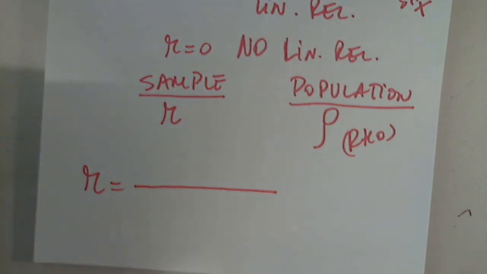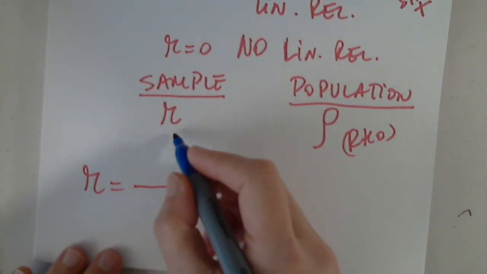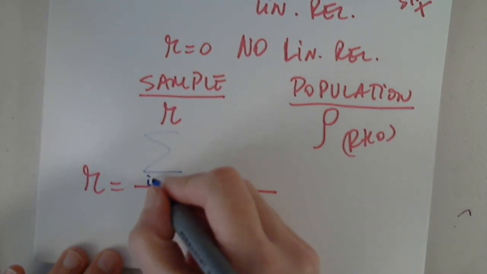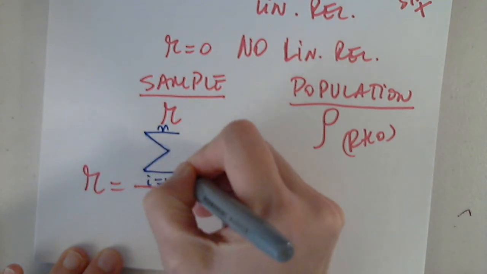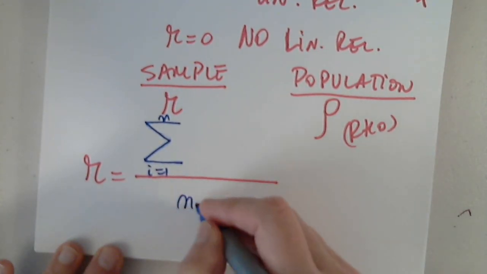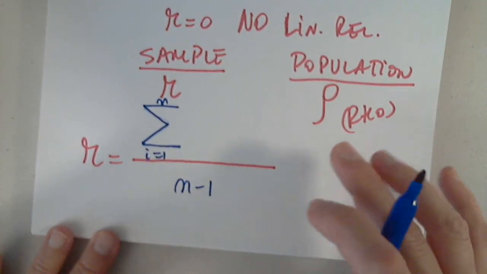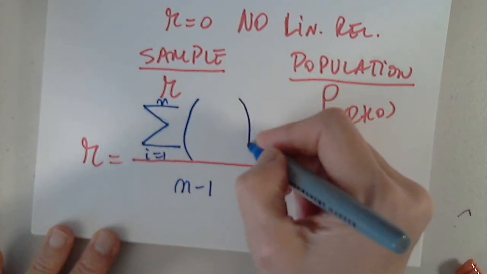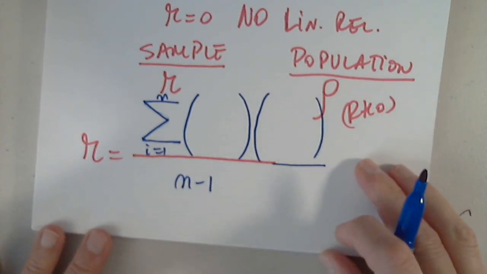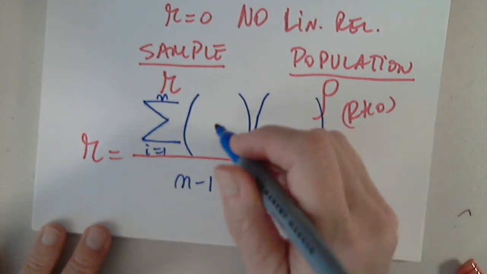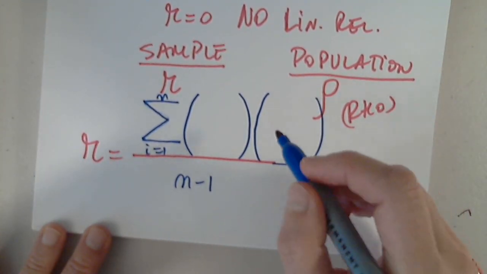Okay, I already put it for you here on page 3 at the very top. Of course, it's a sum from i equals 1 through n. The denominator is n minus 1. And this is a product, the product of the z-scores.